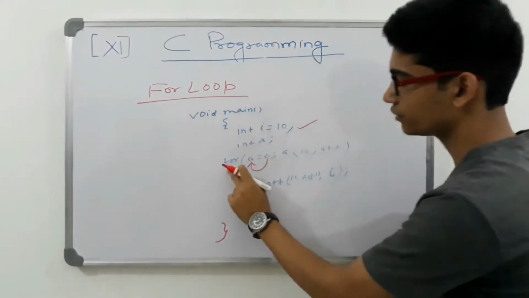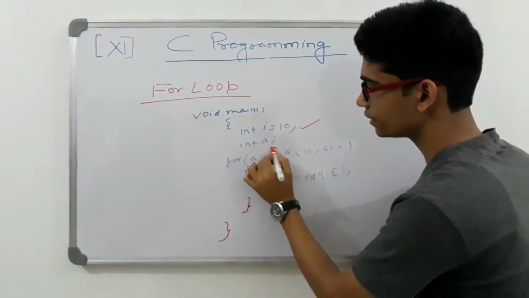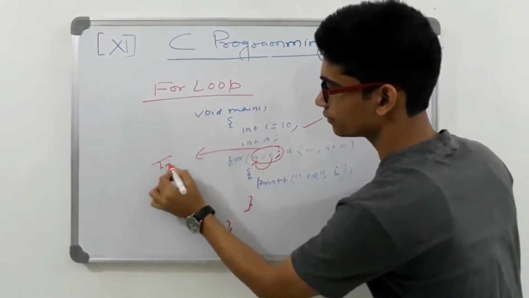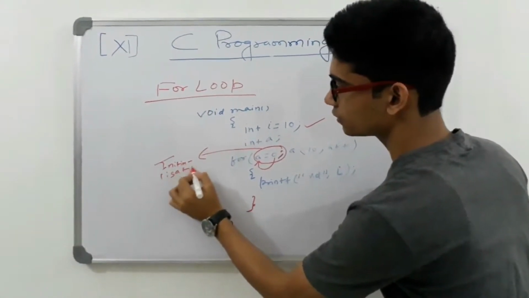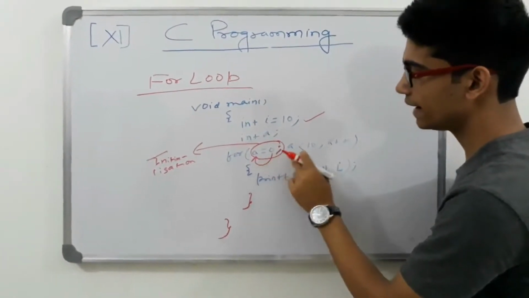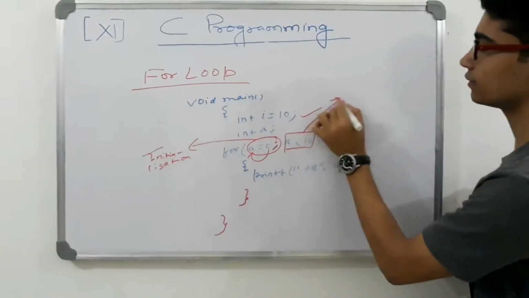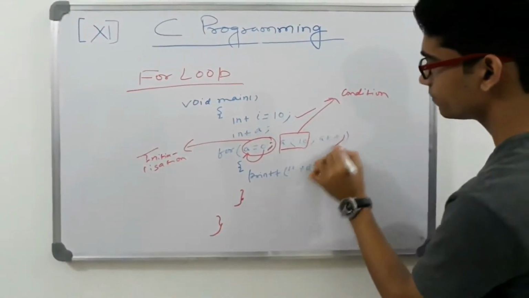See, this is the structure of for loop. This part is known as the initialization part, where a variable is assigned a value 0, and then this is known as the condition checker, and this is a simple statement.